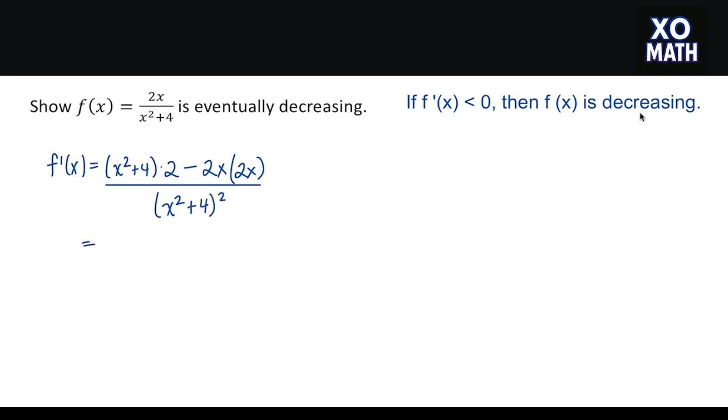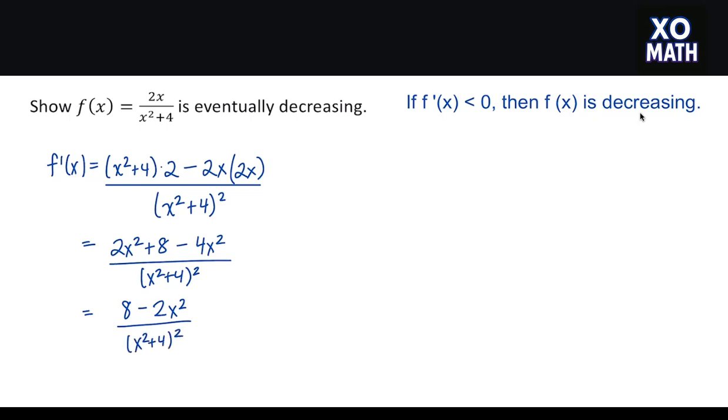Now I'm going to go ahead and distribute. I have 2x squared plus 8 minus 4x squared over x squared plus 4 squared. And that's going to leave me with 8 minus 2x squared over x squared plus 4 squared.